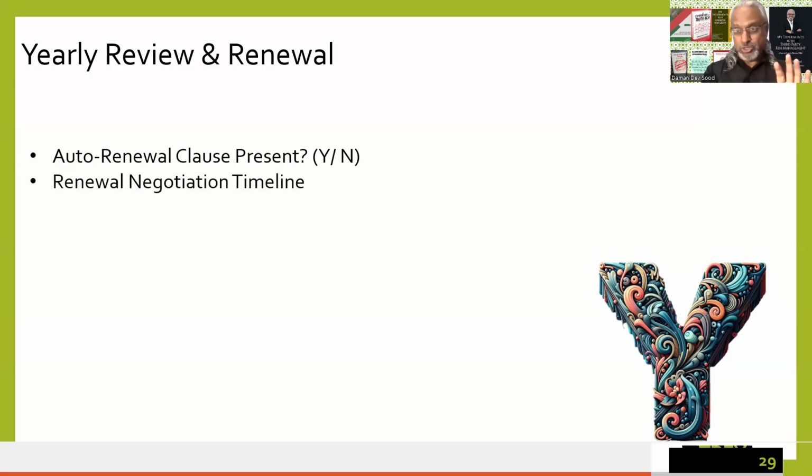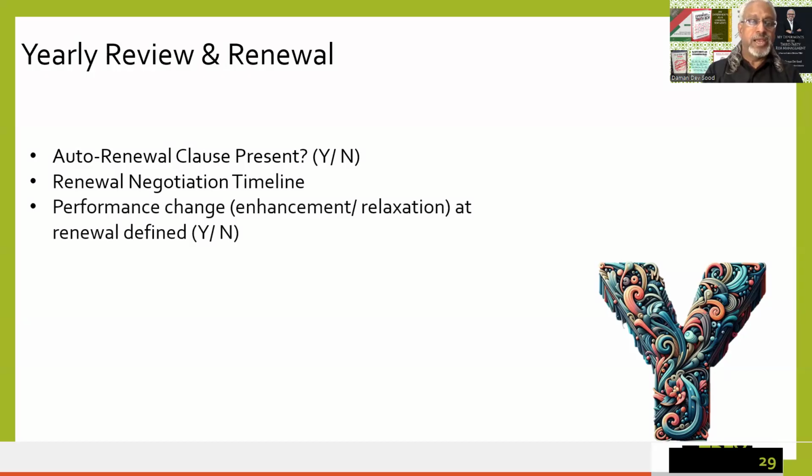If auto is not good according to me, then will you keep some negotiation time before renewal? And performance change at renewal, you may like to change your metrics, make them more stringent or maybe relax. Both ways is possible. So this is how third party management itself is a big task, very important task in the organization.